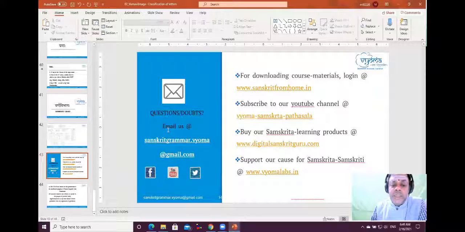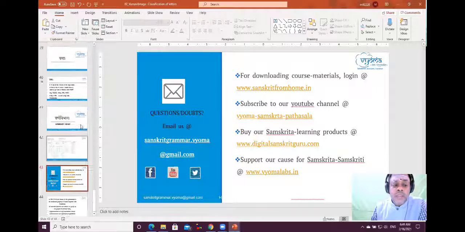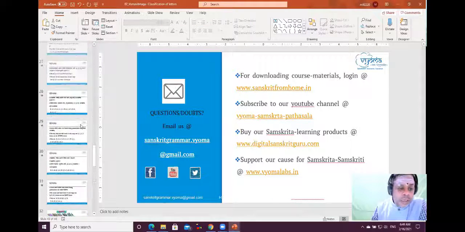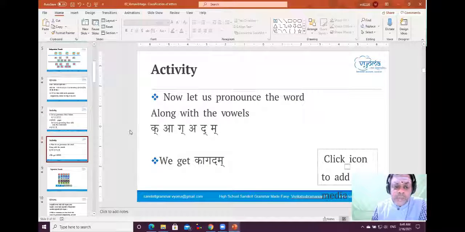In Kagadam example, D is Ardhamatra. Yes. The word Da is 1.5 Matra. That's a good question by Rama Bhagini. Kagadam example. Now let us go back to that example. In that Kagadam example, the letters are K, A, G, A, D, Ma.